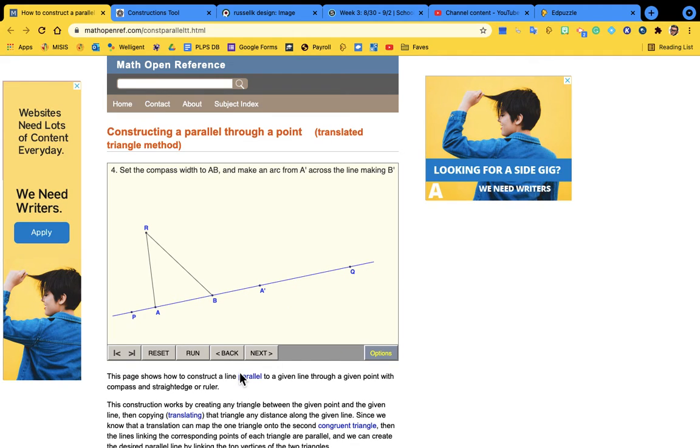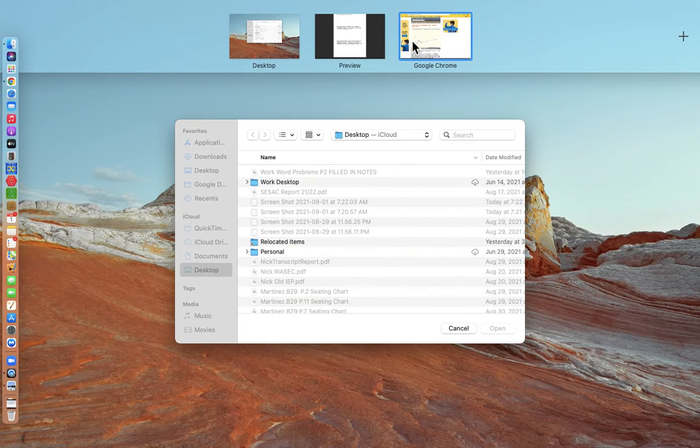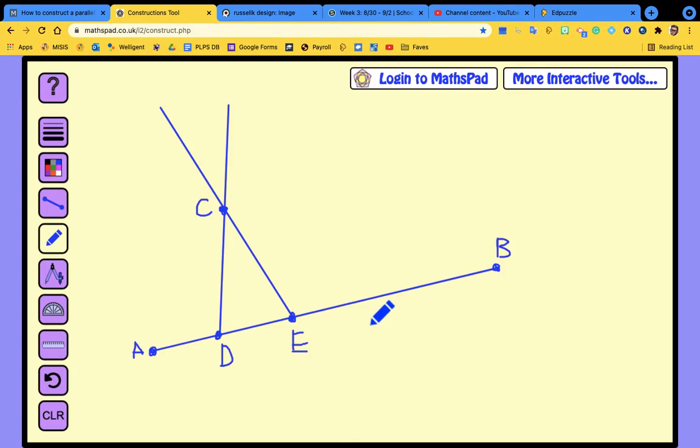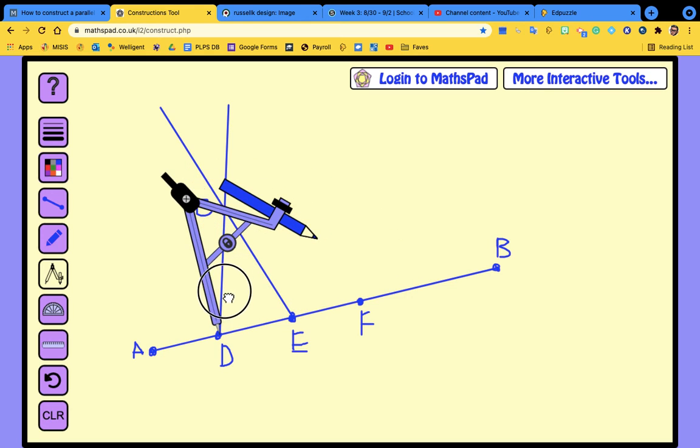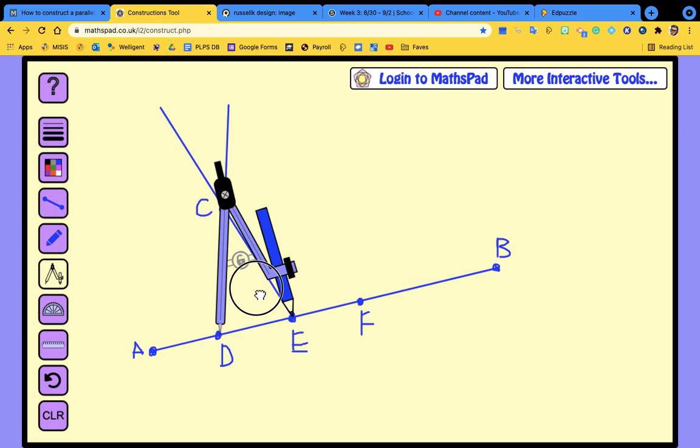Okay, so we're going to draw another point here. It doesn't matter where you put it, call this F. Okay, and now we're going to take our compass and we're going to measure from D to E. So I'm going to open it and I'm going to say from D to E, just like that.